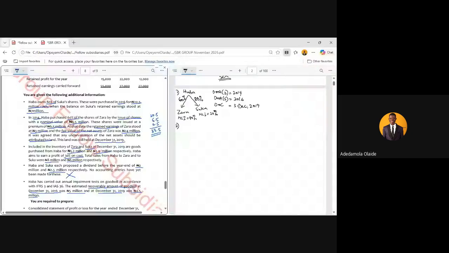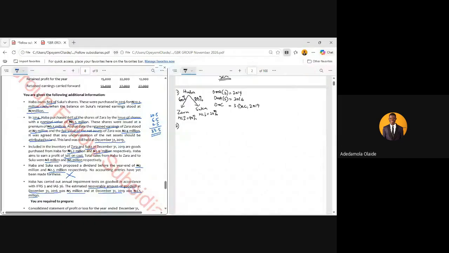Because those goods are still within the group, the profit the seller thought they made would not be recognized, because IAS 2 asks us to measure inventory at the lower of cost and net realizable value. And what will be the cost to the group will be whatever cost the seller got those goods, not the cost the buyer acquired it. But if the buyer has been able to sell to a third party, then they don't have an issue.